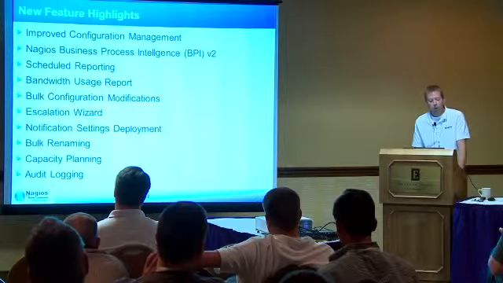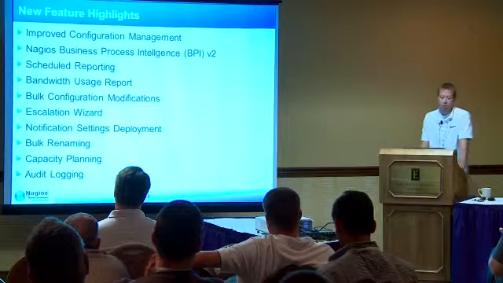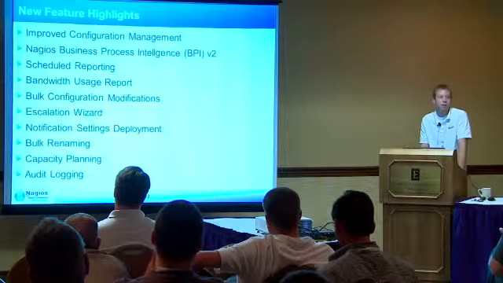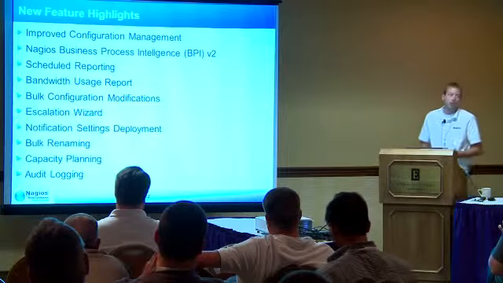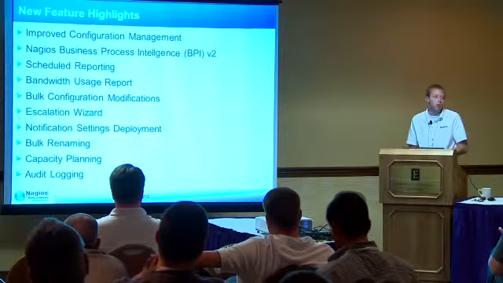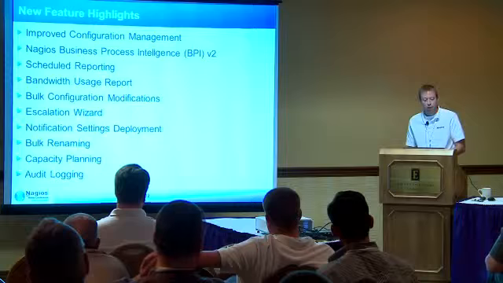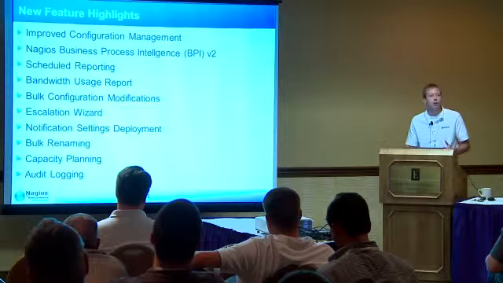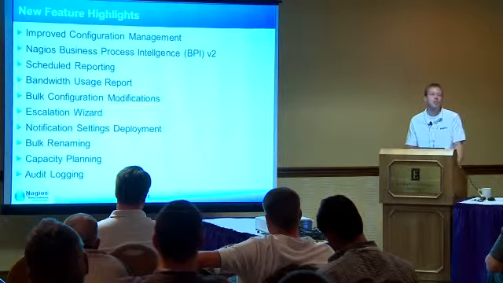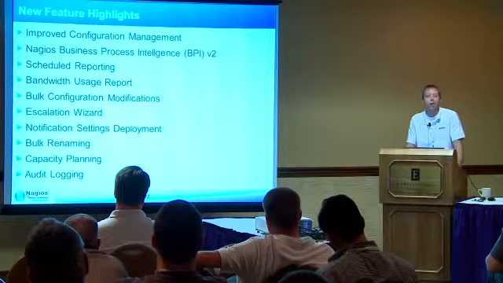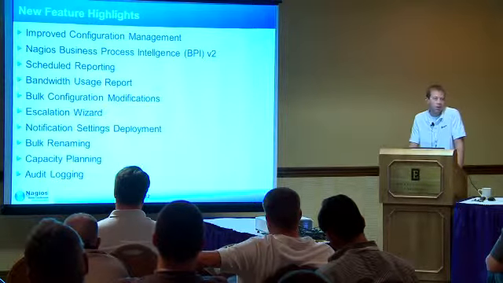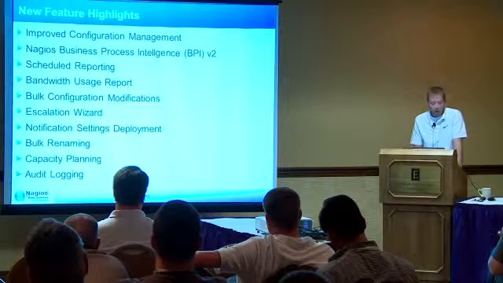We have a wizard for bulk configuration modifications. So if you want to change, for example, the check interval on 100 services at one time, you can do that. An escalation wizard. It's a wizard designed to create a chain of escalations. So if you want to have escalation levels 1, 2, and 3, and you want to apply it to, say, 30 services at once, you'll be able to do that.